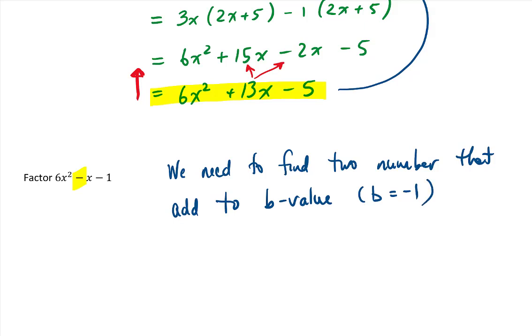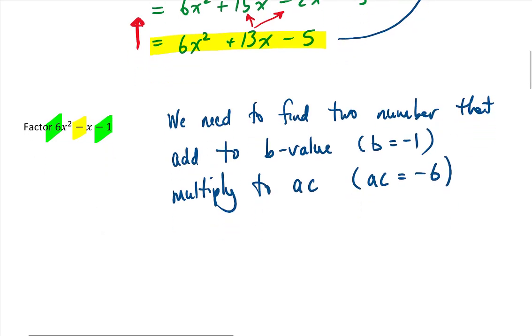And multiply to a times c. And if we look at a times c, so ac, that a is 6, c is negative 1, and 6 times negative 1 is equal to negative 6.